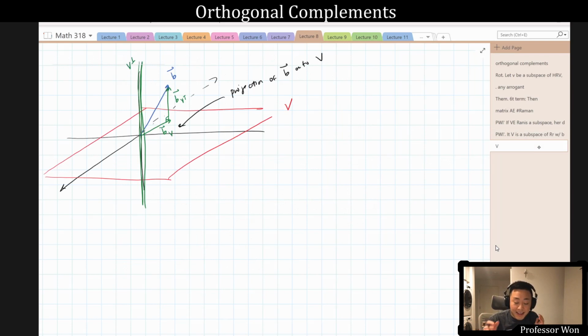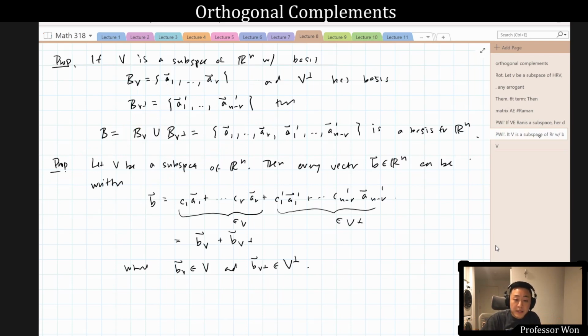What I am saying is that every vector can be written as a sum of something in V and something in V perp. And actually, since these things were a basis, there must be a unique way to do this, right? Because the expression that you have here for B, the scalars are unique because the A's and the A primes form a basis of Rn.